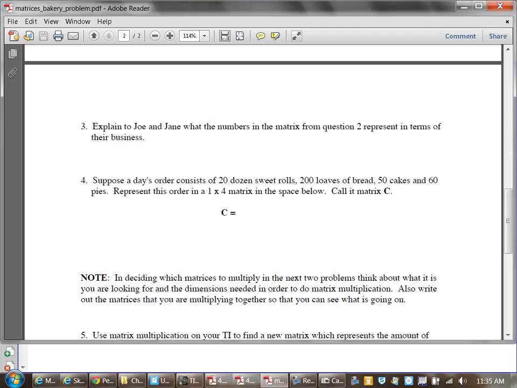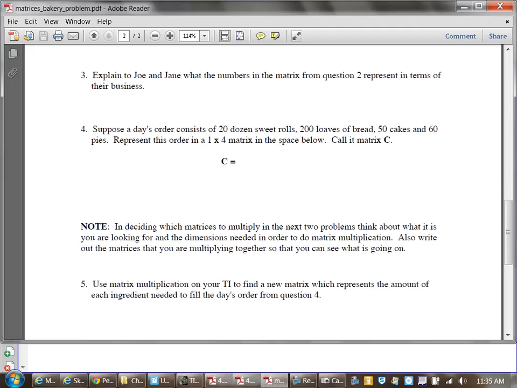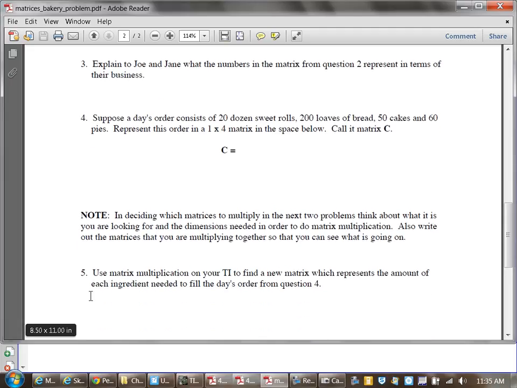The next part is just saying, create a 1x4 matrix. If it's a 1x4 matrix, how many rows does it have? 1. How many columns? 4. So is that going horizontal or vertical? Horizontal. It's going horizontal.